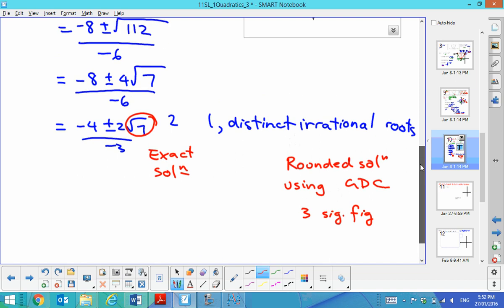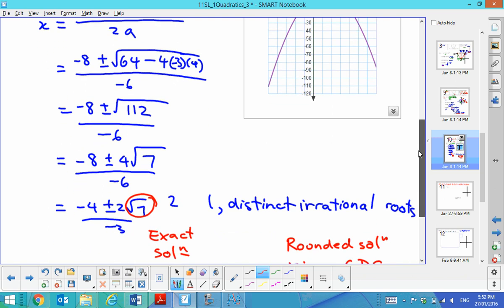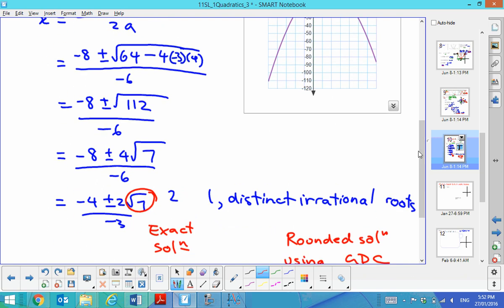So you come up with your two solutions. That's what your graph looks like. And here, this one must be our -4 minus 2 root 7 over -3. And we have distinct irrational solutions in this case.